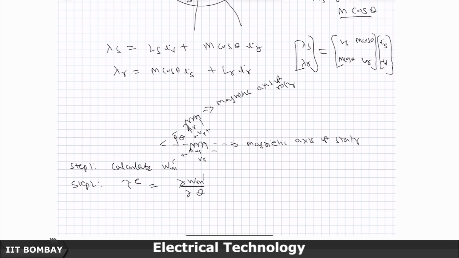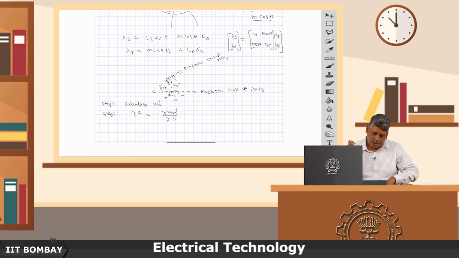In this case, I can write even d also, but there are 3 variables, so it is okay to write partial derivative. is, ir and theta, these are the 3 state variables that we are having. So, partial derivative of Wm dash with respect to theta.